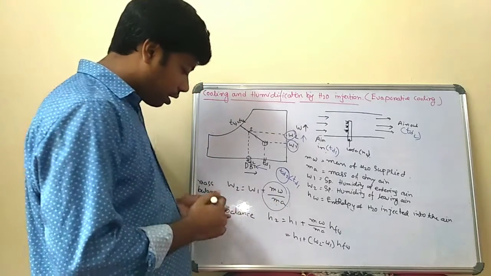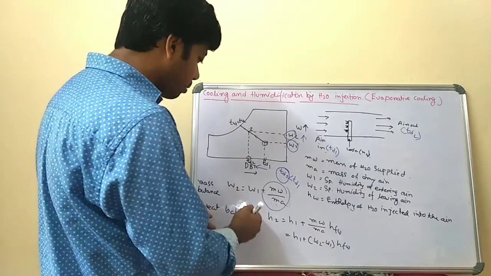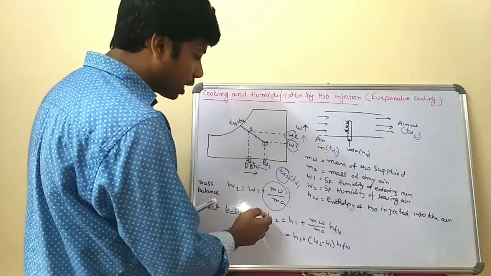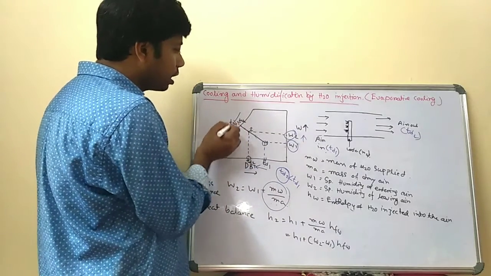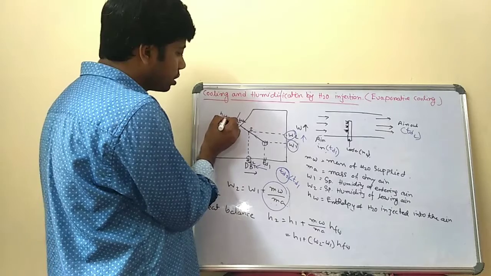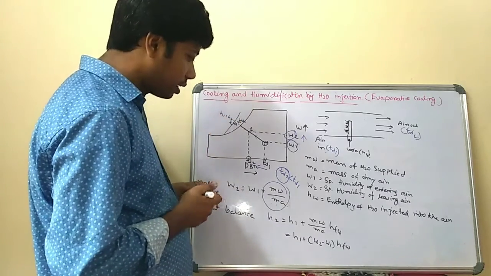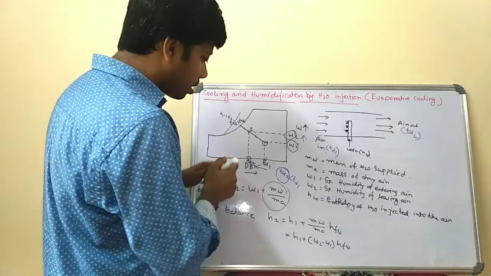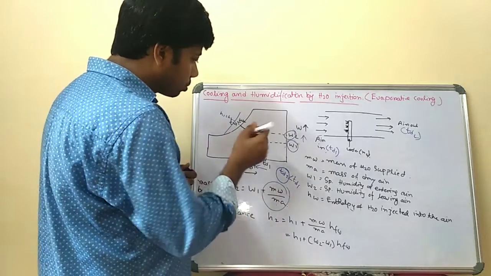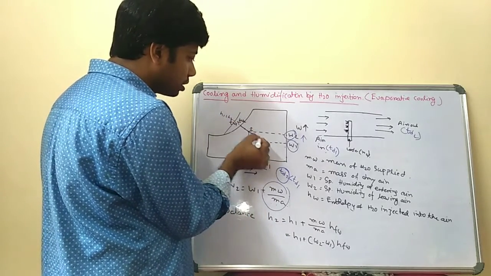Similarly, if you calculate the heat balance in terms of energy, this is the enthalpy line. H1 is approximately equal to H2. This is H2 and this is H1, but both are the same.